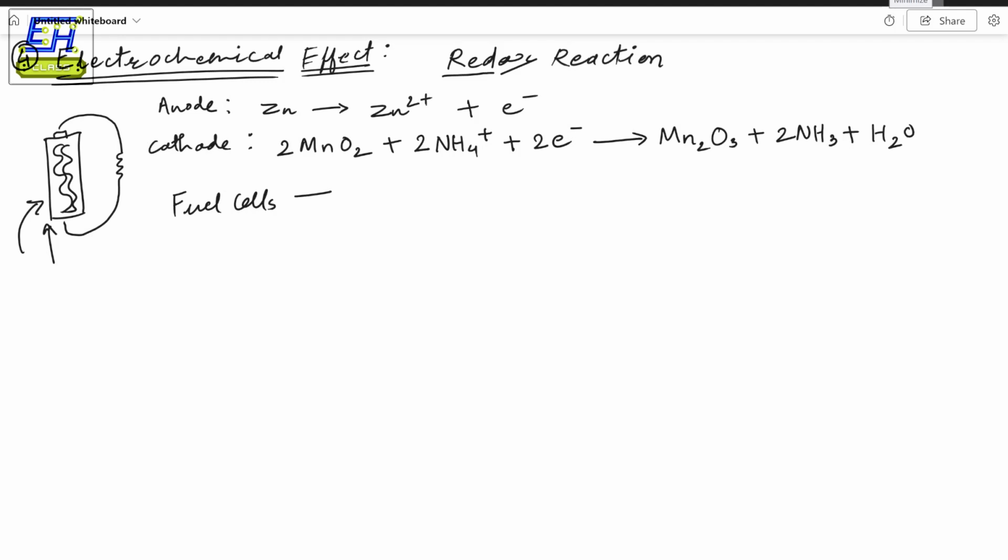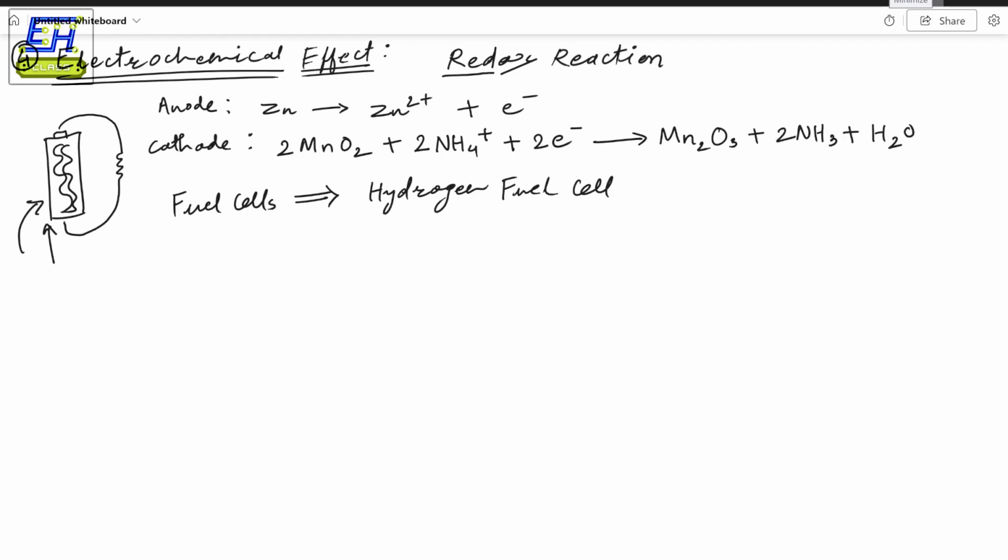A very good example is hydrogen fuel, right? The hydrogen fuel cell, which we mostly use for electric vehicles. And one of the major benefits is that the byproduct of this hydrogen fuel cell is nothing but water, and that can be easily evaporated or discarded freely in the environment without any kind of problem.